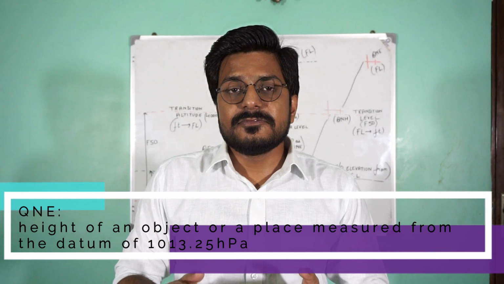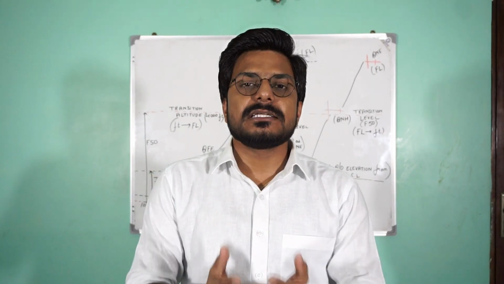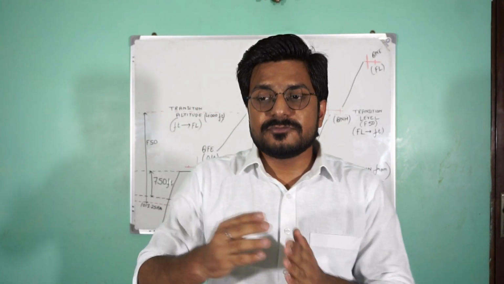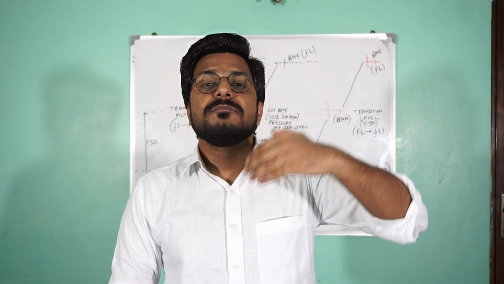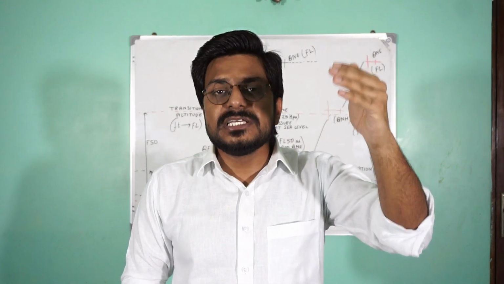As you all know, the altimeter works on a pressure datum. That means we have to set a pressure datum, and from this point you measure the vertical distance of an object, here the aircraft.